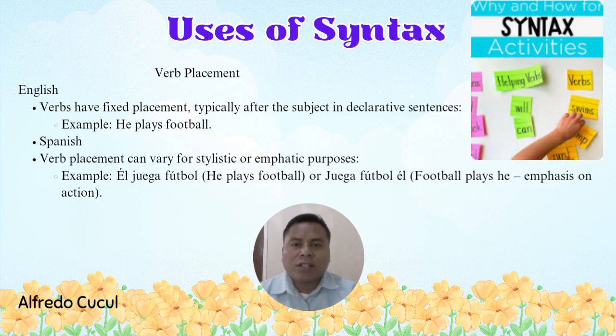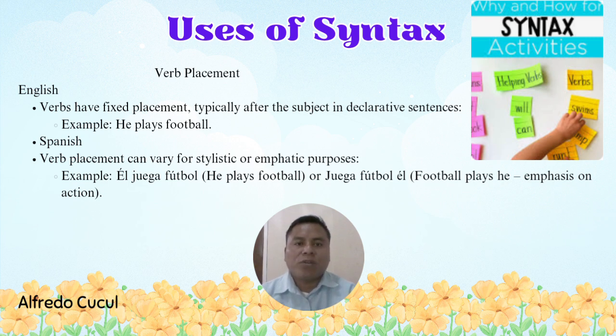Teaching verb placement in multilingual classrooms helps students understand how sentence structures affect meaning and emphasis across languages. In English, for example, the verb follows a fixed order after the subject. For example, he plays football, which simplifies comprehension but limits flexibility.